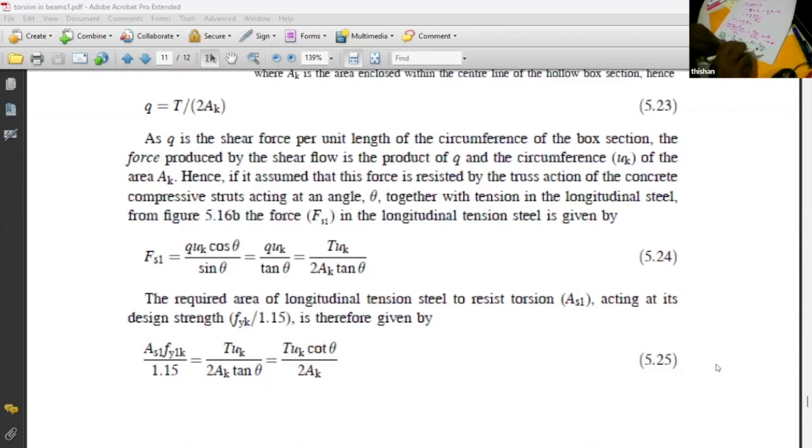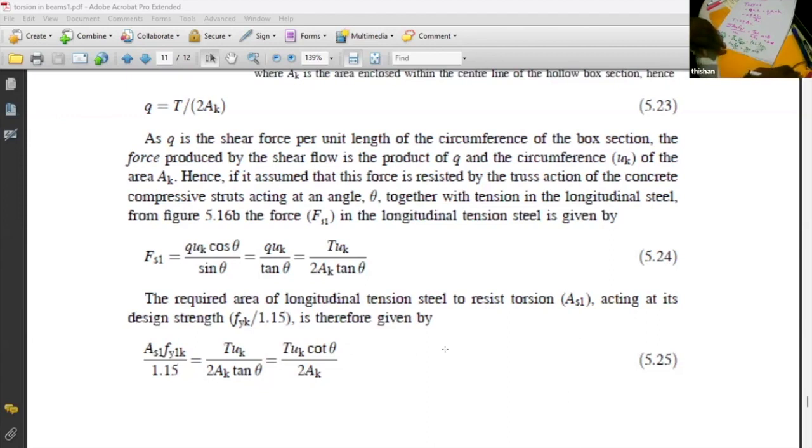And so you'll see it gives Asl fyd over uk equals Ted over 2Ak cot theta, right?